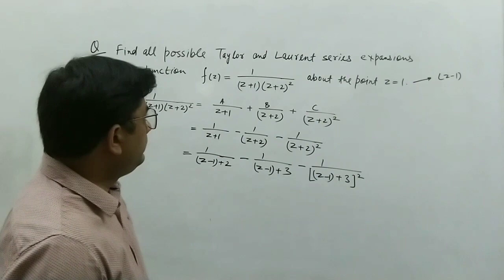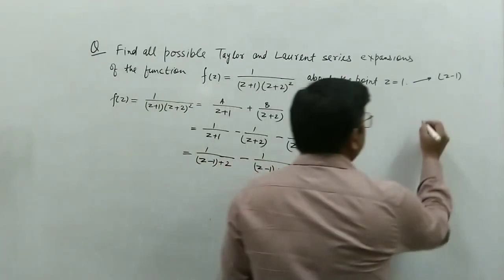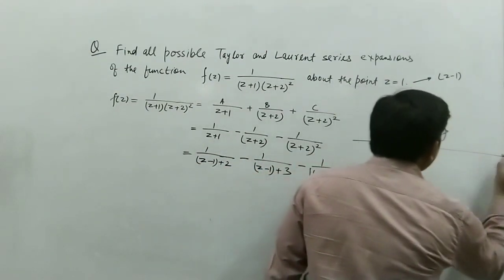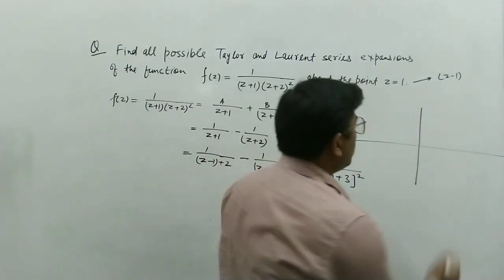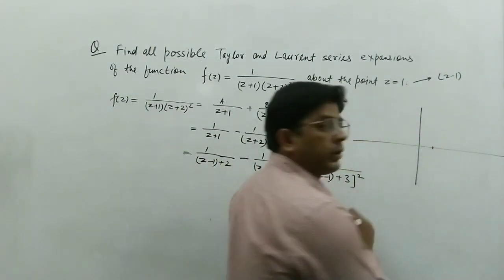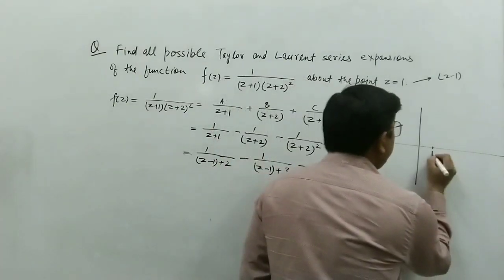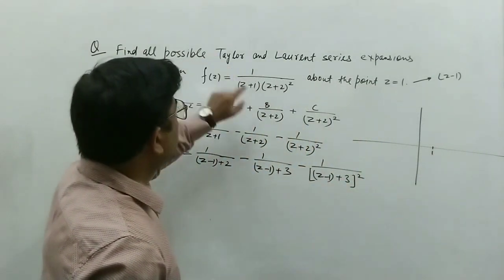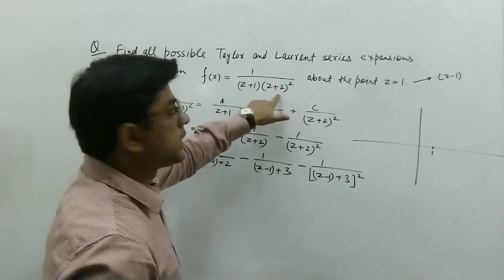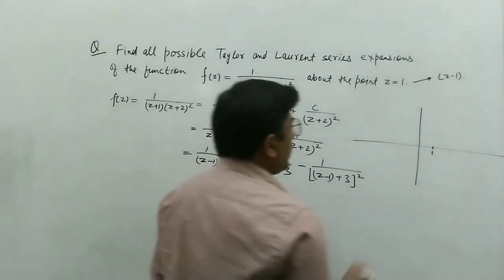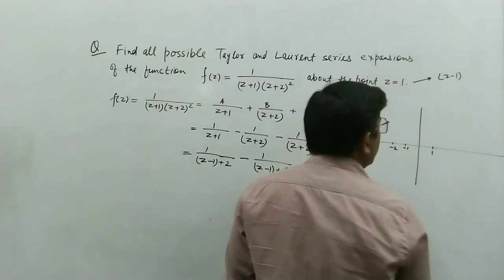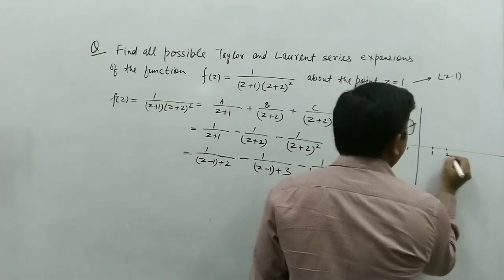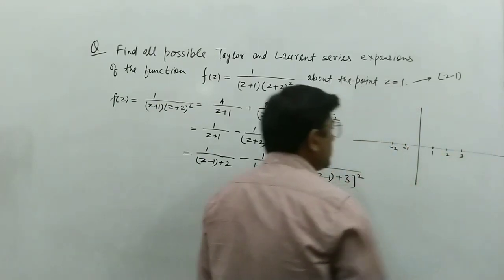Okay. So first we see that this is the point z equal to 1. Suppose this is z equal to 1. This function f(z) is not analytic at z equal to minus 1 and minus 2. Suppose this is minus 1 and this is minus 2, and here we have 1, 2, 3 and so on.